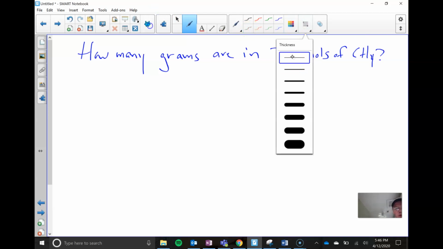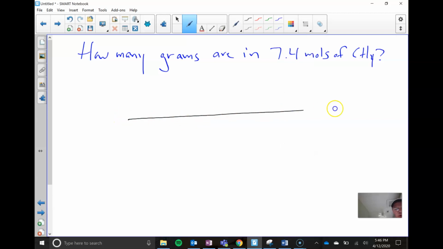Alright, so I go straight to my crossbar here. And I look to find the information, as always, what is given to me in the problem. And typically it might be at the very end of the problem. So 7.4 moles of methane, that's CH4.